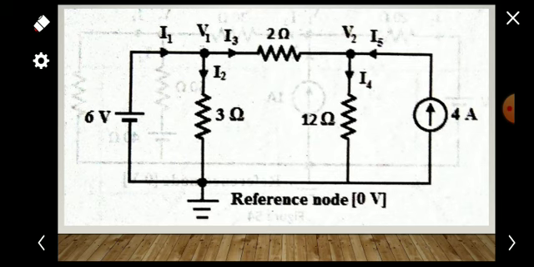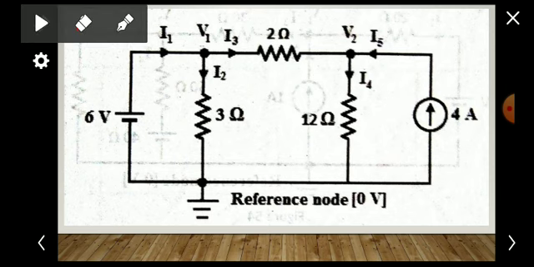After assuming the current directions, the next step is to write Kirchhoff's current law at all these nodes. If we write Kirchhoff's current law for the first node, we know that KCL gives: the current entering the junction is equal to the current leaving the junction.